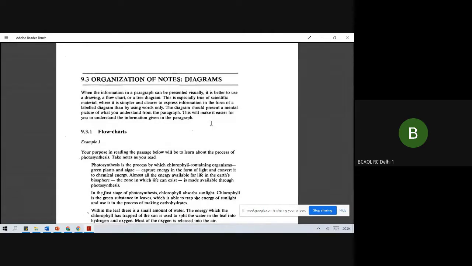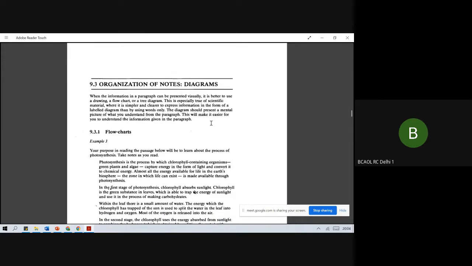Now, format of taking note. You can make a note in different formats.